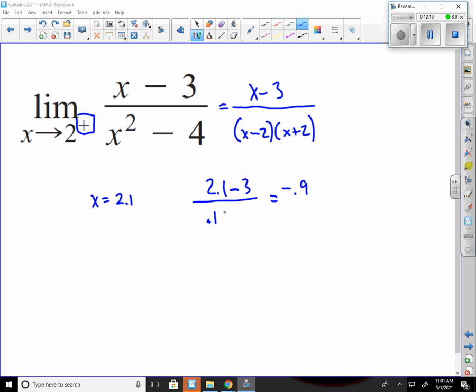And 2.1 plus 2 would be 4.1. If I do 0.1 times 4.1, that gives me 0.41. And negative 0.9 divided by 0.41 gives me negative 2.195.